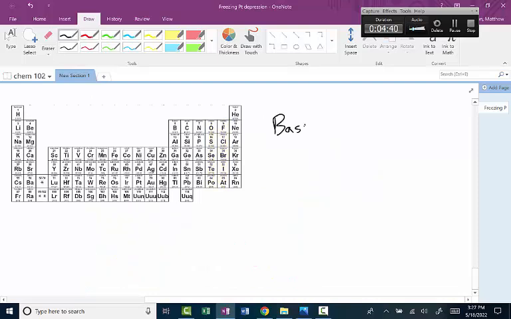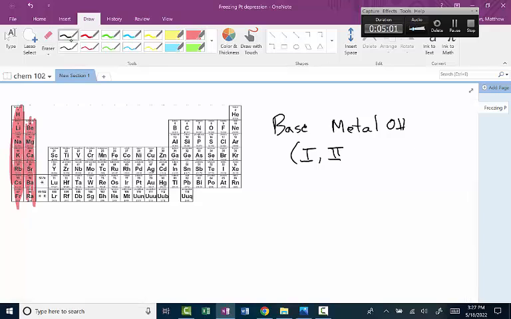A base, how we recognize them, is a metal with an OH. And these are, for us, group 1 and 2. So it's these two columns over here on the right. It has to be one of those two columns, and it has to be a metal. So the type of bases, lithium is a +1.